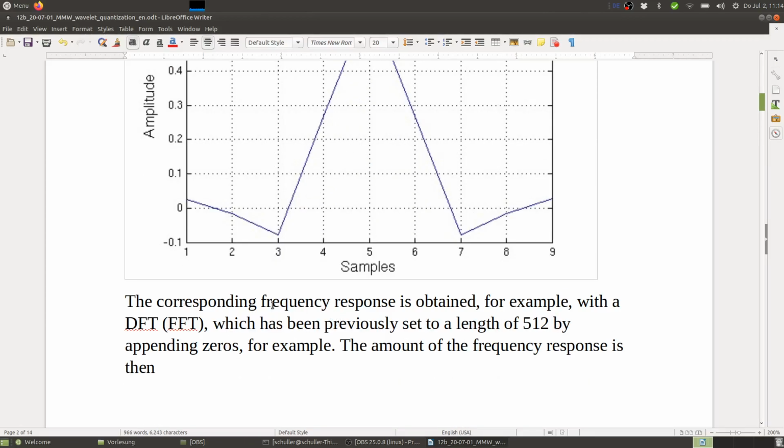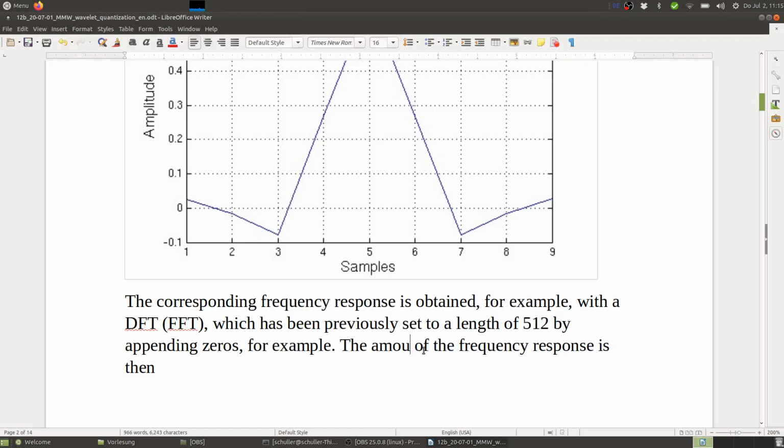And the corresponding frequency response that we already saw can be obtained, for example, by applying a DFT or FFT, which has been previously set to a length of 512 by appending enough zeros, because this gives us the number of frequency samples in our frequency response.